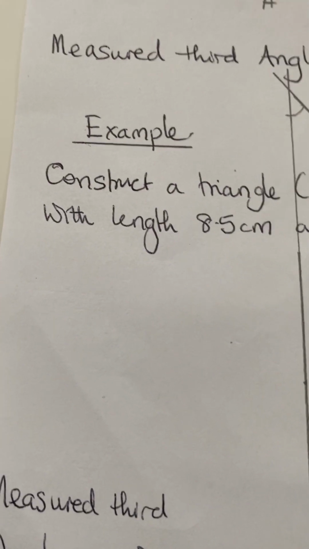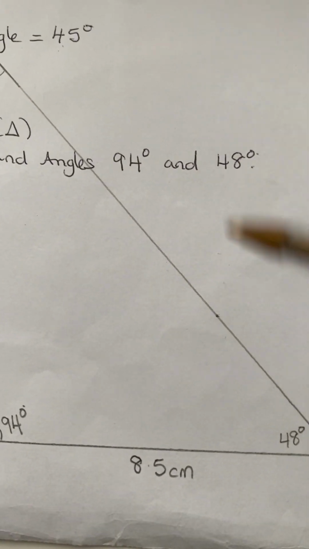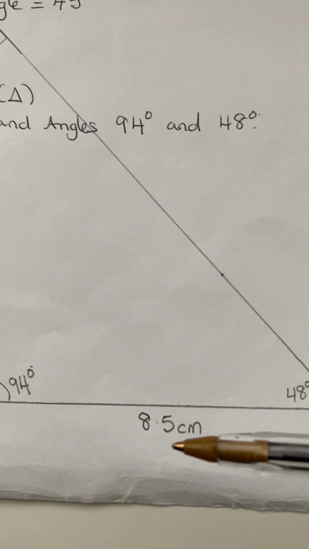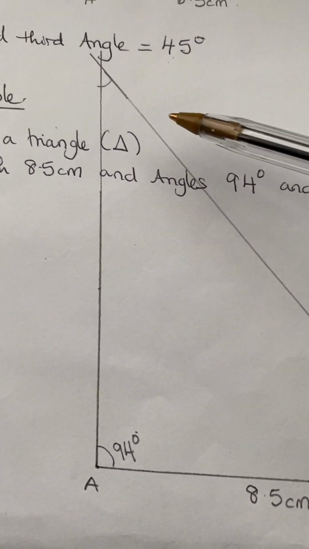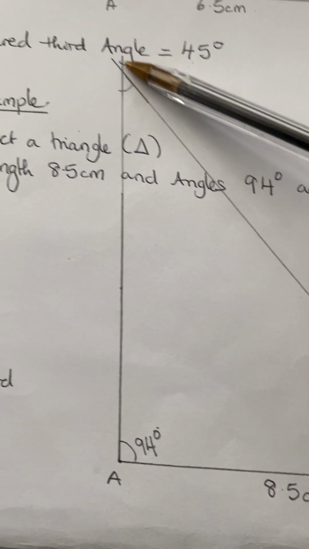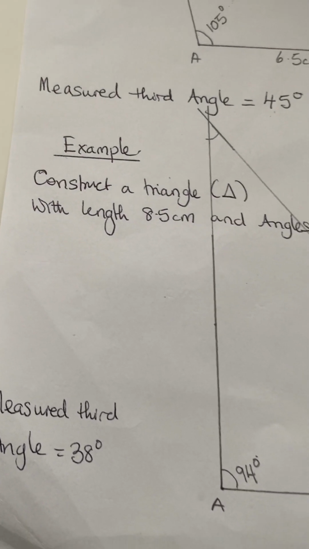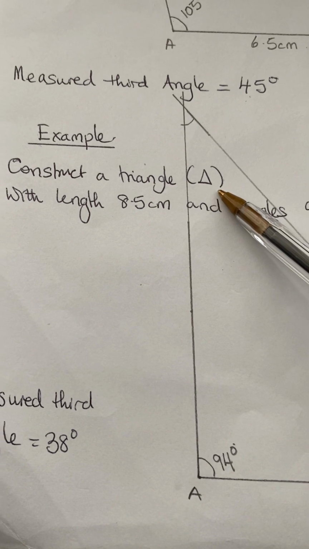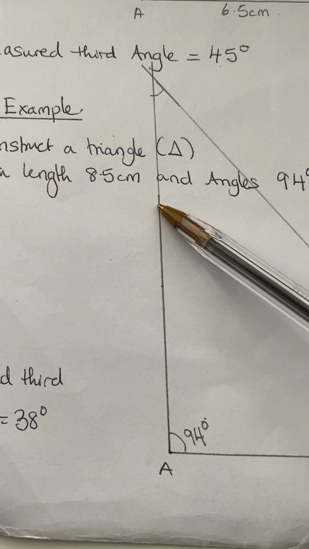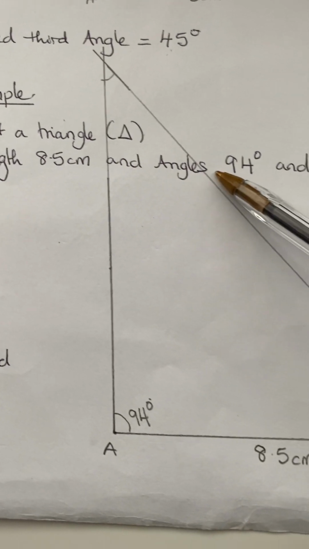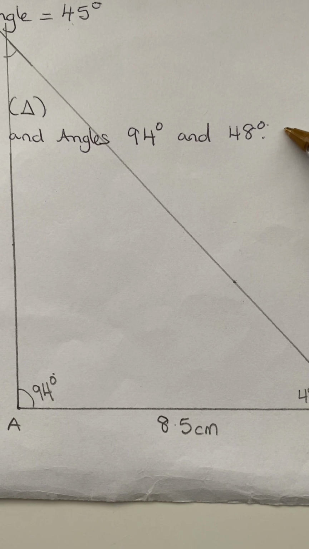Now let's look at the third example. I could have gone a bit down, but because I didn't have space, I went a bit over. So I'll go through with you. We'll construct a triangle with a length of 8.5 centimeters, and angles 94 degrees and 48 degrees.